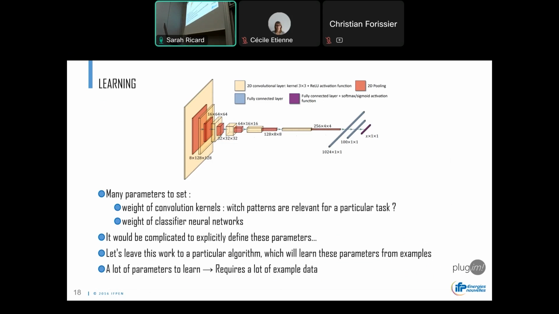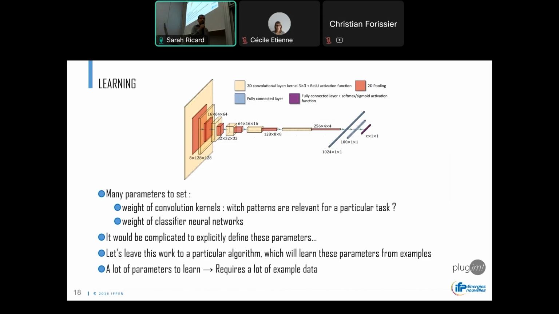So the idea is to use the operator I just presented, the convolutional neural network. We don't know the kernel we need to use, because we don't know at the beginning what is important to extract from the image to solve a specific problem.